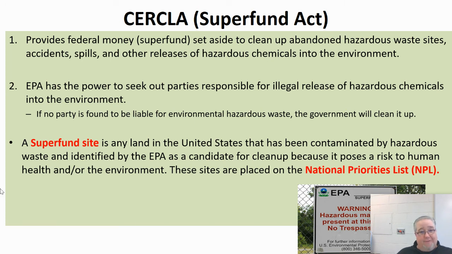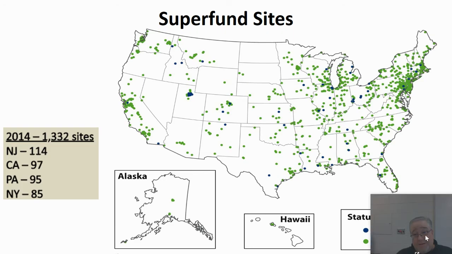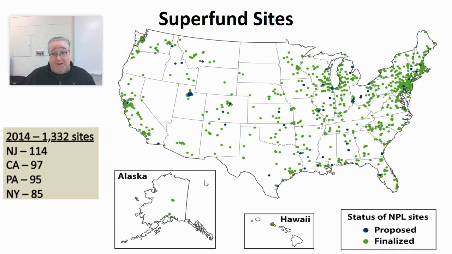So once they identify a location, they put it on what we call the National Priorities List, which is a list of Superfund sites that the EPA is going to clean up, okay? Or we're going to find someone to clean it up.